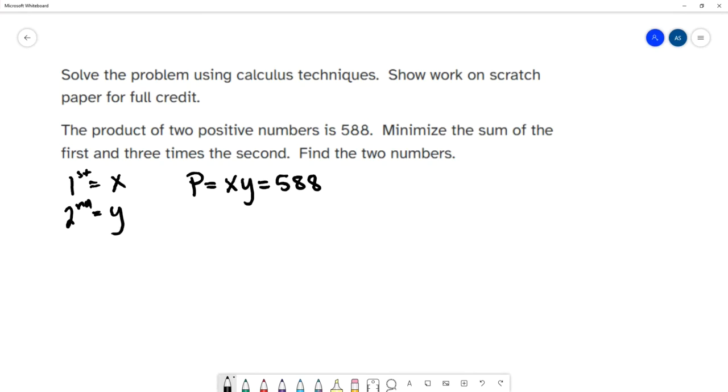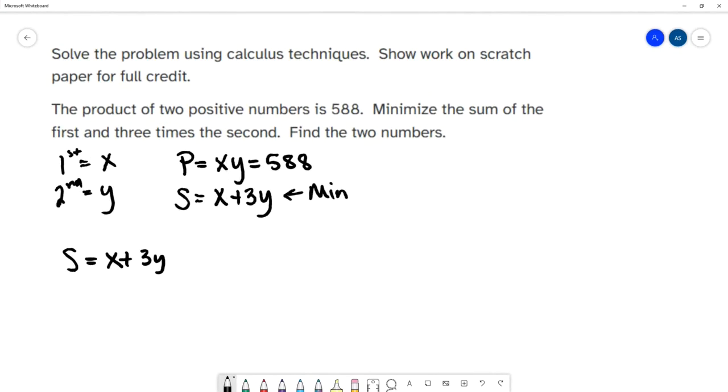And we are looking at the sum of the first and 3 times the second. Our goal is to find the two numbers that are going to produce the minimum for this sum. So this is our function, this sum, that we want to perform the calculus on because we want to find the minimum value of this.